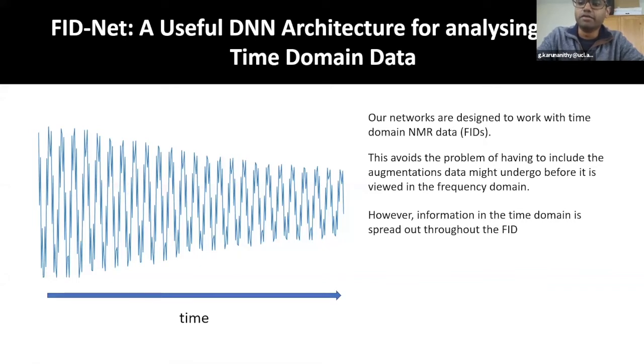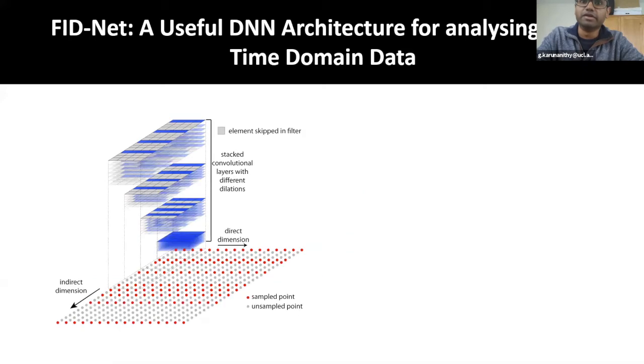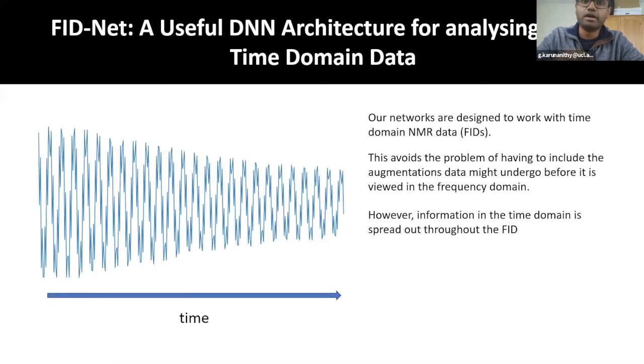But the disadvantage of doing that is, unlike the frequency domain, where information is really localized to a specific point in frequency space, information in the time domain is spread out through the whole thing. So your resonance frequency is defined by the frequency you see through the whole FID.